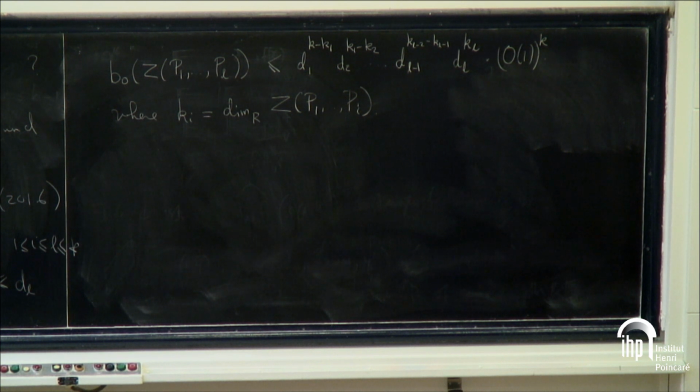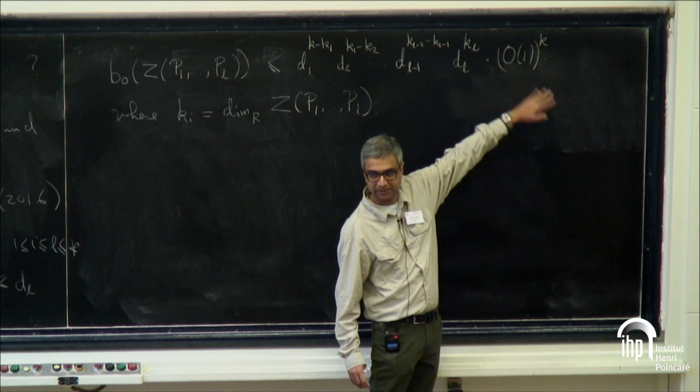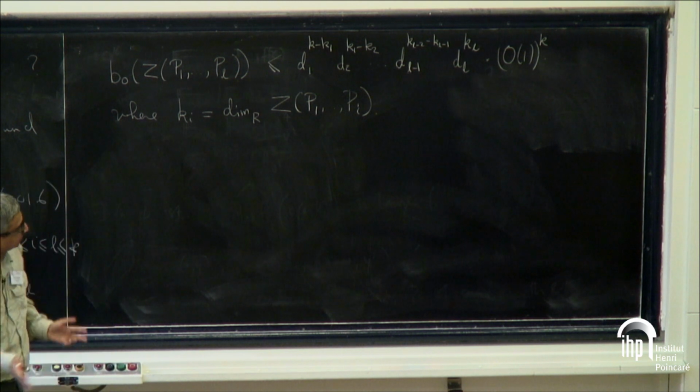So we have an approximation scheme that allows us to replace the problem of bounding the given variety by the problem of bounding the Betti numbers of some many, but this many is independent of the degree, varieties which are non-singular complex intersections.